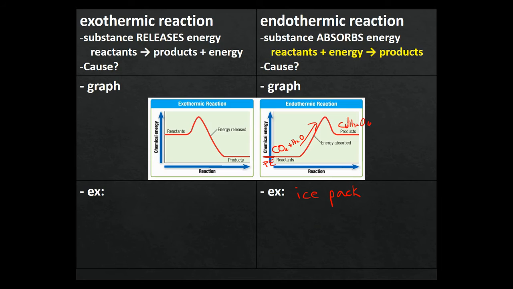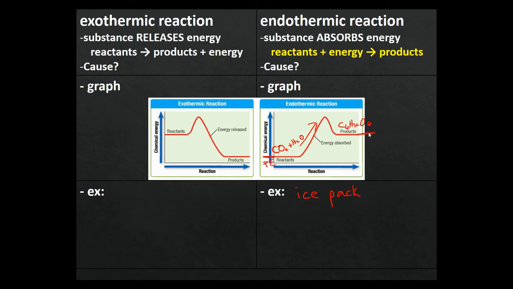This is a process. This is endothermic. This is why you need sunlight to get this process to take place. That plants are taking in the sunlight and they're absorbing that energy and they're storing it into chemical bonds. And so this is where our products have a higher potential energy than our reactants.